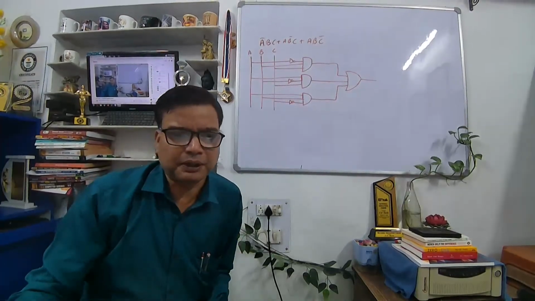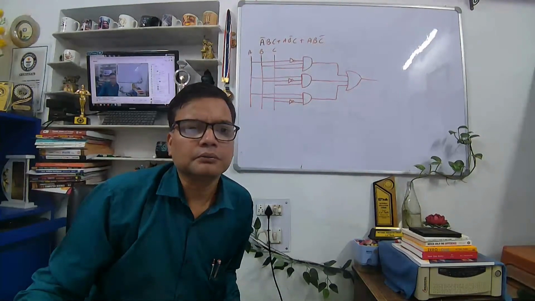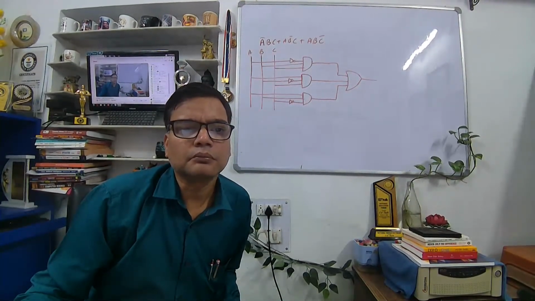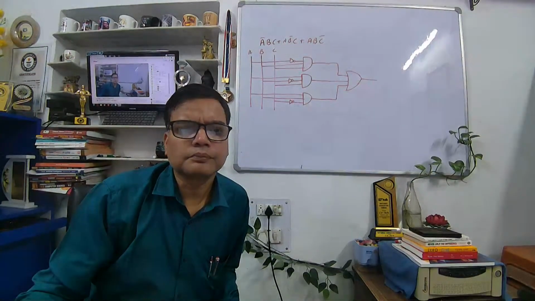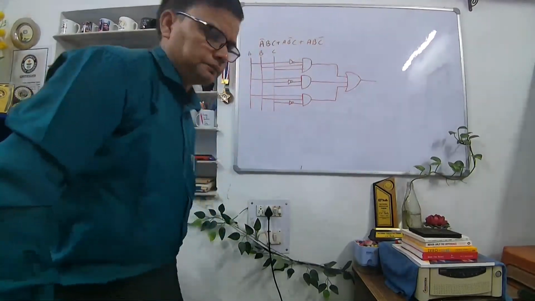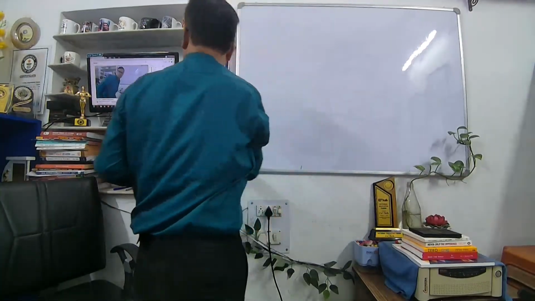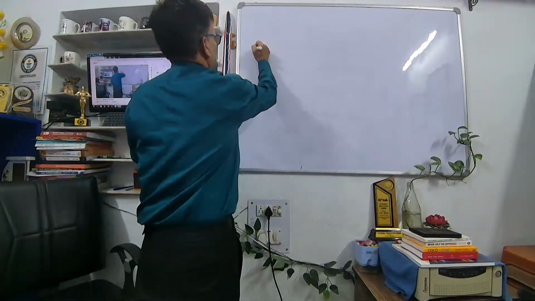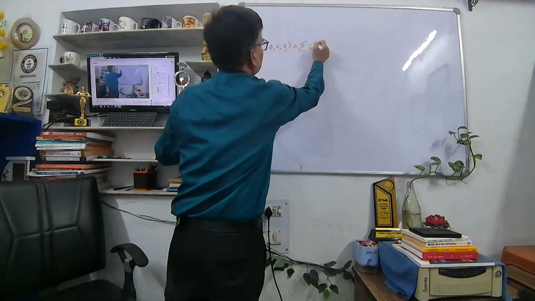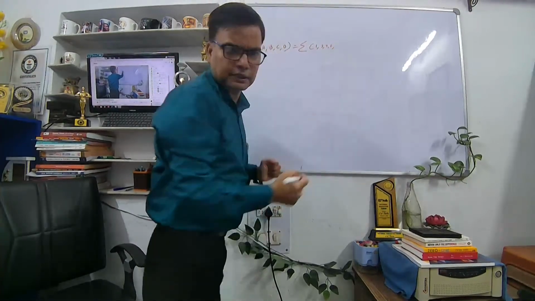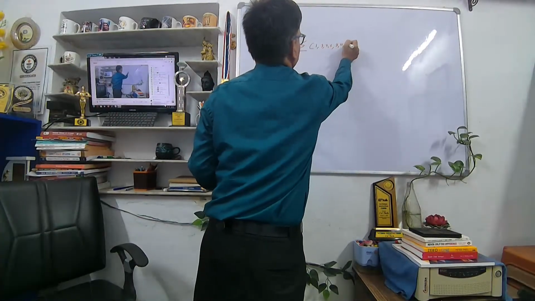For example, if I consider a question to reduce a Boolean expression, if I have f(A, B, C, D) equal to sigma 1, 3, 4, 6, 9, 11, 12, 13.